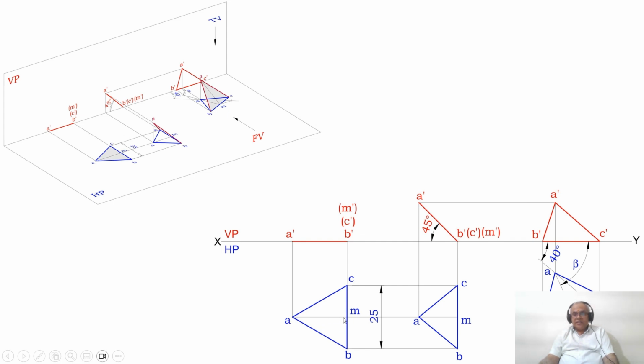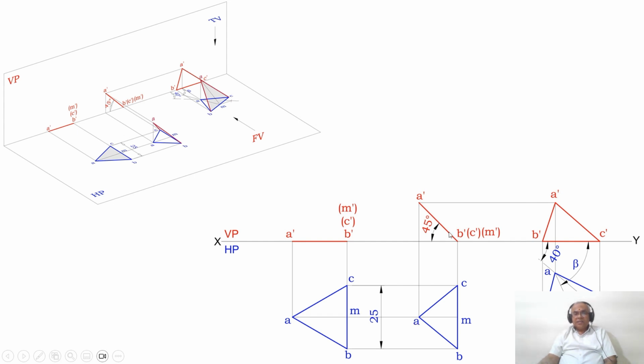Why is it the true length? Because A dash M dash is the line which is parallel to HP, so you are getting the true length. AM is parallel to VP, so you are getting the true length here. So you take the top view length by measuring from A to M, and with the same center A, cut an arc on this 40 degree locus line, and then draw a horizontal projector.